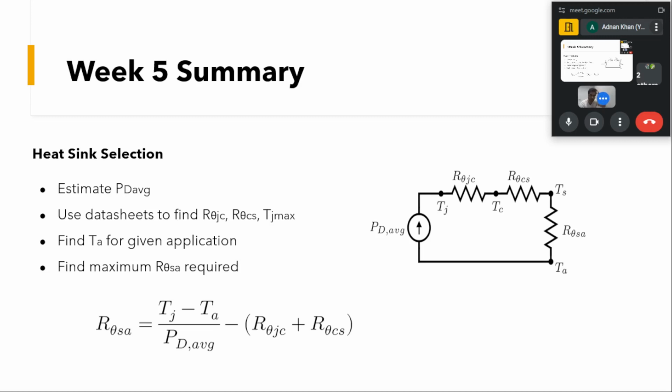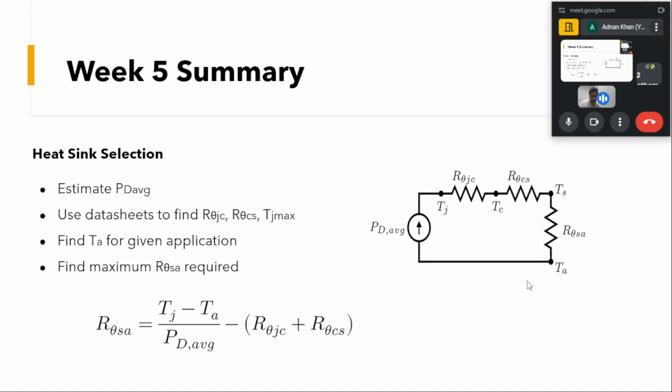And what we have to keep in mind is that the thermal resistance of the heat sink should be equal to or lower than the actually calculated value, because the lower the thermal resistance, the better it can eliminate the heat, thereby lowering the temperature and keeping the temperature in check.